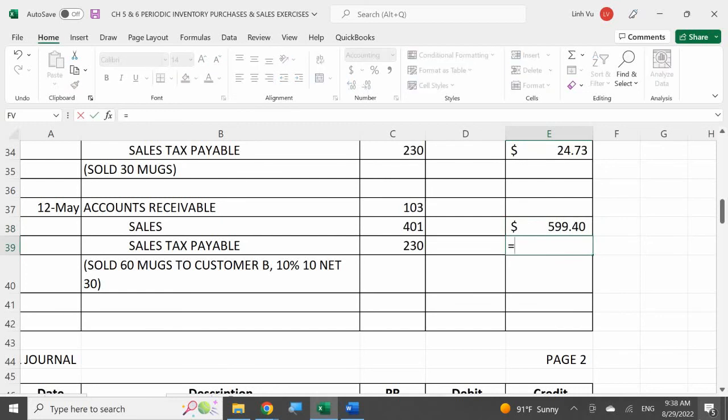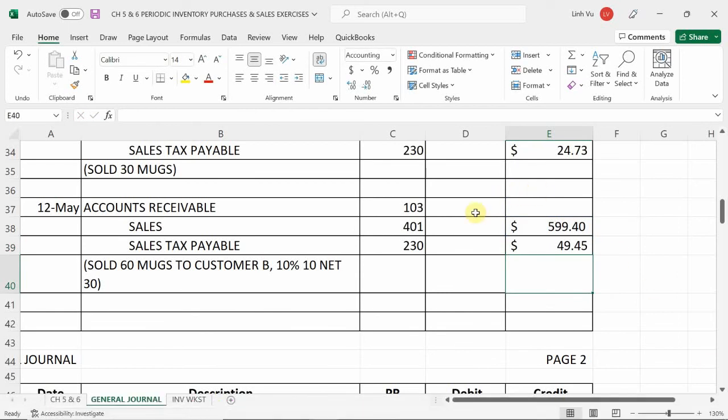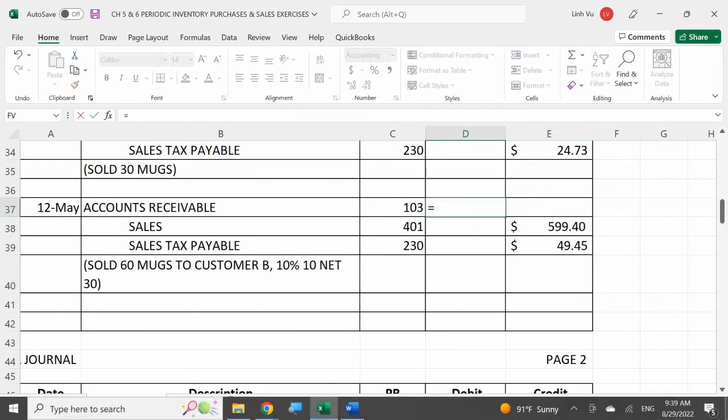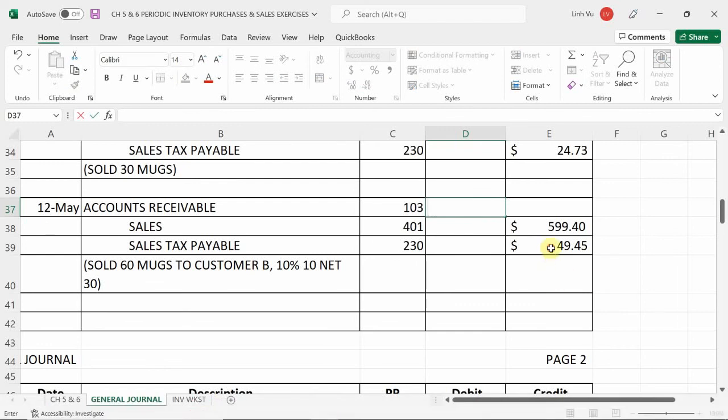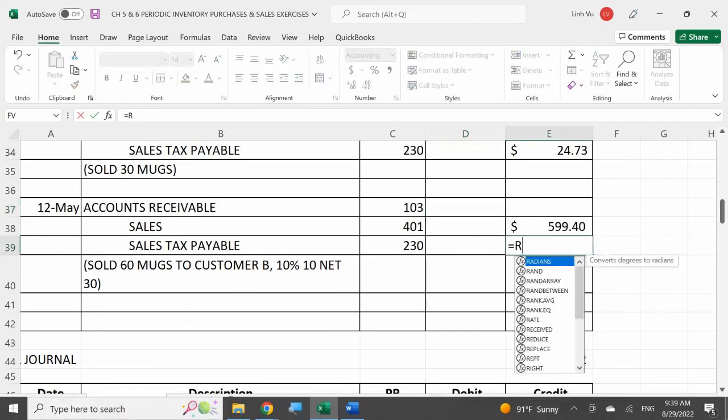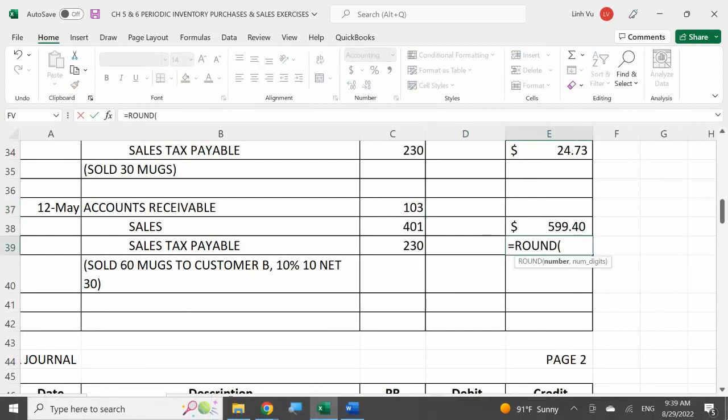How much sales tax would you collect on that? $49.63. $49.45 I got. Let me recalculate that. Yeah, I put an 8 instead of the 5.